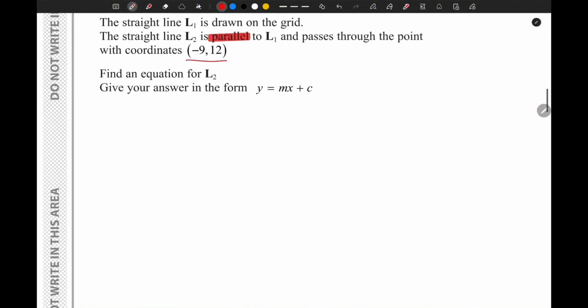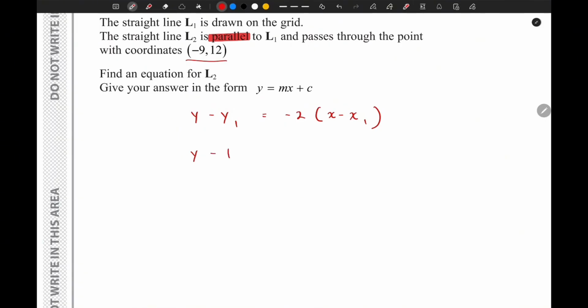Since L2 has the same gradient as L1, the equation for L2 would look something like this: y minus y1 equals -2 times x minus x1. Now we just need to substitute this coordinate in terms of y1 and x1.